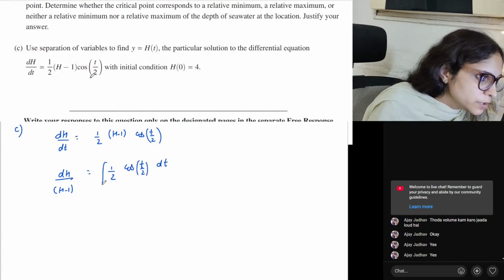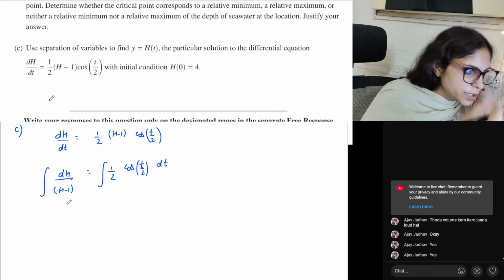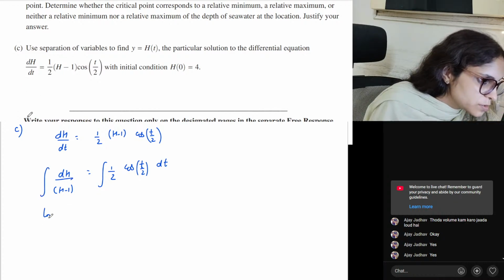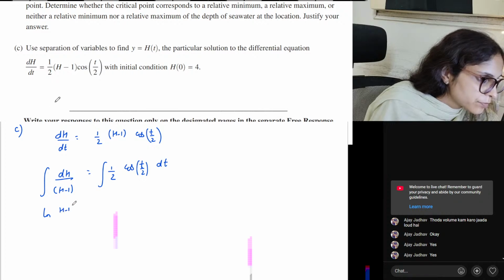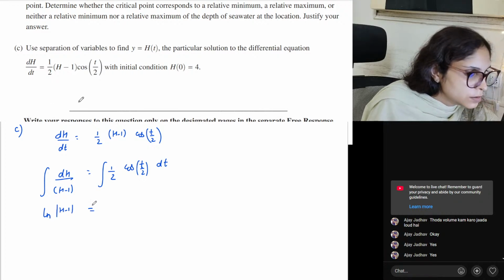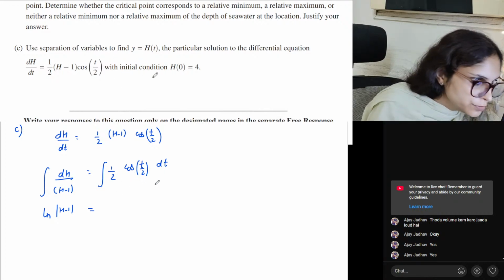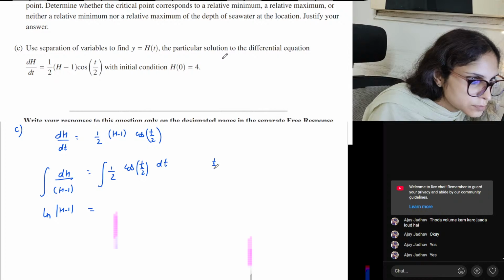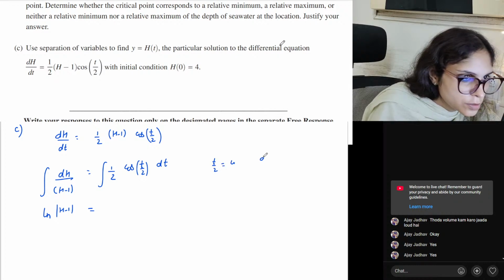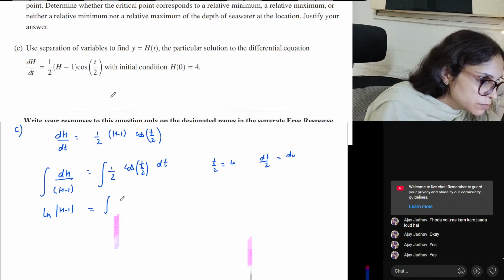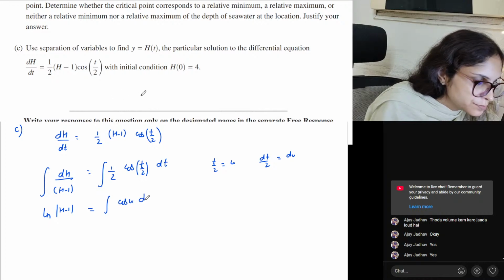And now we are going to integrate on both sides. Because it is 1 over h minus 1, this is going to be ln |h minus 1|. And t over 2 you can take as u, so dt over 2 will be du. So this will simply become cosine u du.